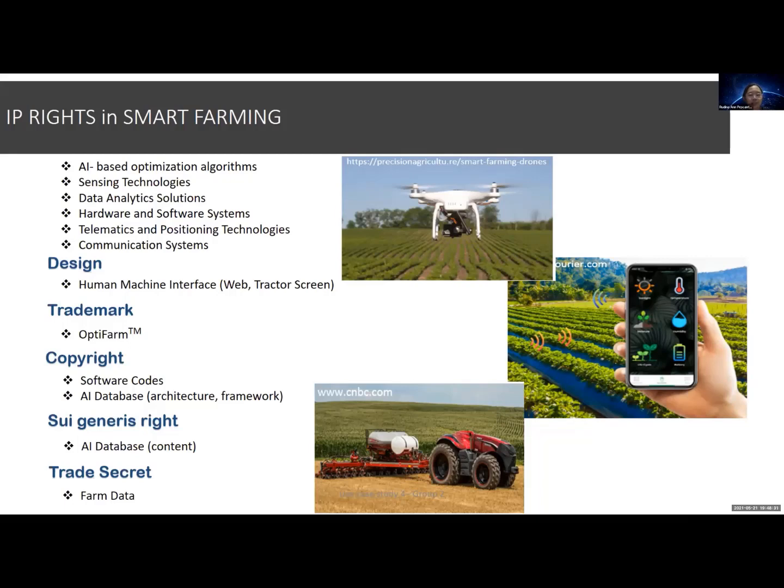So we can also have hardware and software systems. This includes farming devices and equipment run by the respective software applications. And we can also have telematics and positioning technologies. Telematics usually focus on tracking the GPS location of equipment. Telematics therefore can act as a security tool, for example.